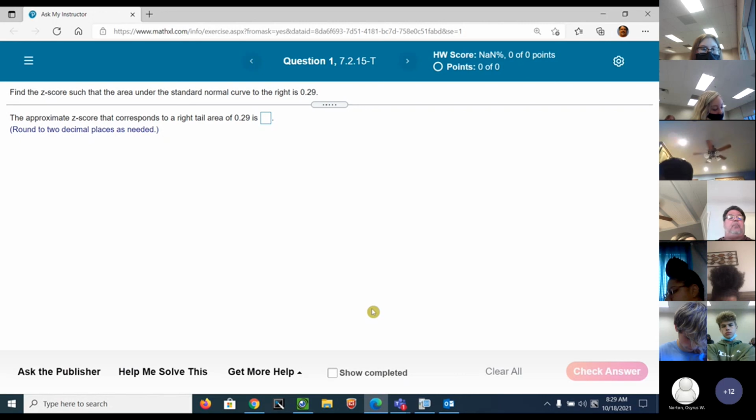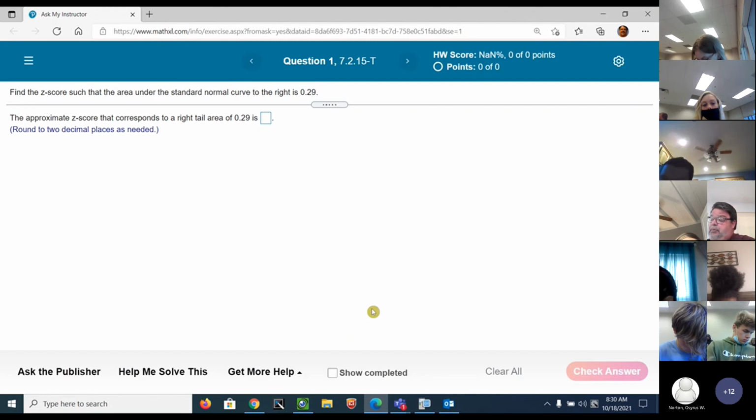All right. Find the z-score. I'm going to let y'all do this one. Find the z-score that represents 0.2900. Area is equal to 0.2900. And I want you to find an empirical rule estimate, and then I want you to do it in the calculator.